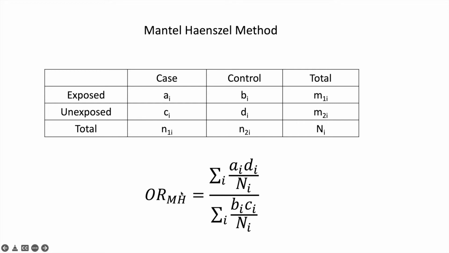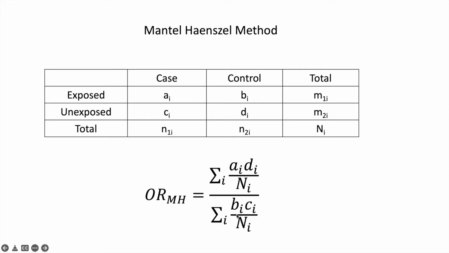So for the formula for the Mantel-Haenszel odds ratio, I'm just going to talk about the numerator and then the denominator. For the first strata, you would find the product of the exposed cases and the unexposed controls, A and D, and divide by the total number of people in that strata. And then you would do the same for the other strata and sum the two.